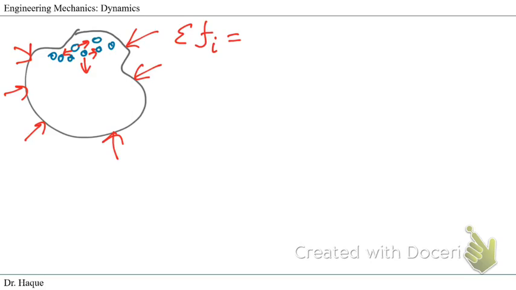The summation of all internal forces is 0, because, like I said, the forces between particles are the same and opposite. So again, we will be left with the summation of external forces. If there is more than one force, this is the summation of forces, and we'll have the summation of masses of each particle times the acceleration of each particle.